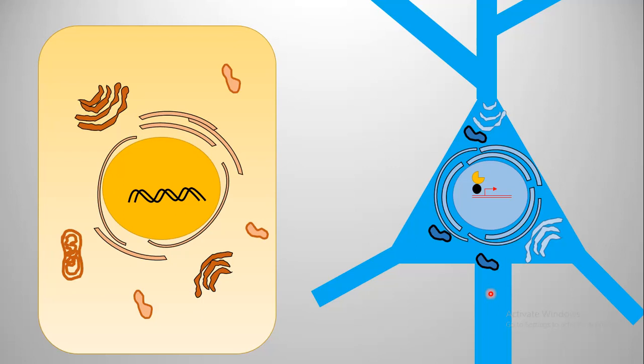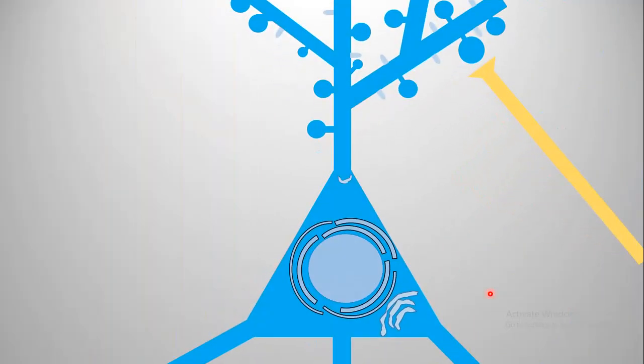Think about this: a neuron synthesizes some amount of protein, and these proteins are marked by these green and yellow boxes, and these proteins need to be specifically delivered to this branch, or let's say this branch. So the neuron has to devise a way by which it can send this to this specific branch.